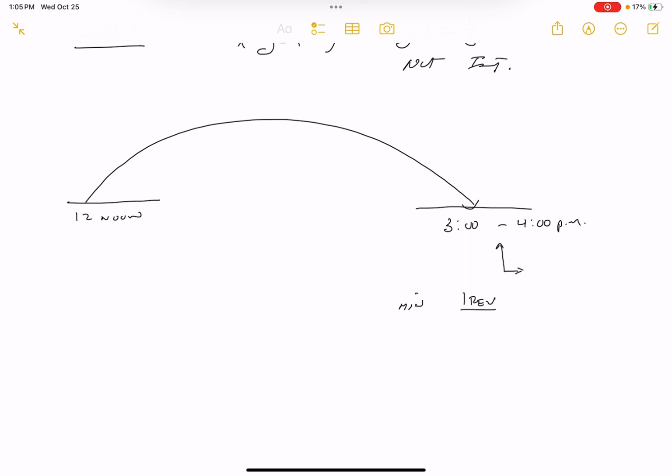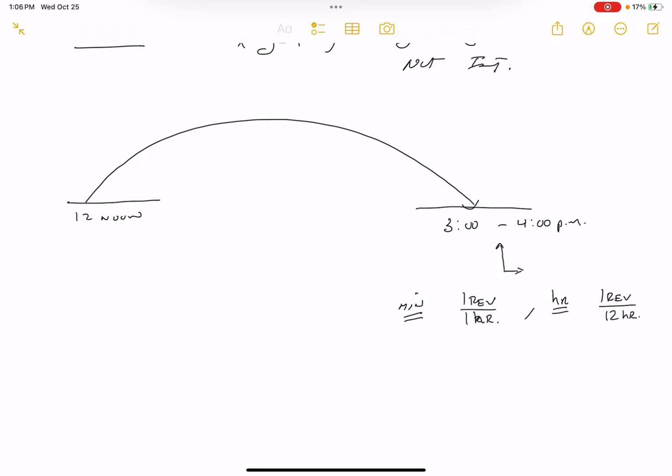So it does one rev in 1 hour. That's the minute hand. I want to talk about the hour hand now. These are hands, by the way. Talk about the hour hand. It does one rev every 12 hours. Or much slower, by the way.